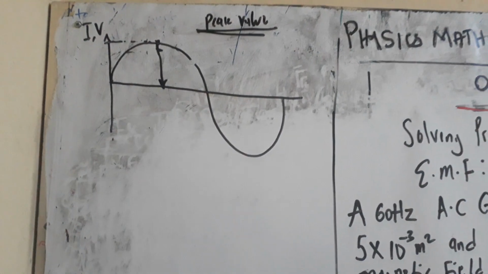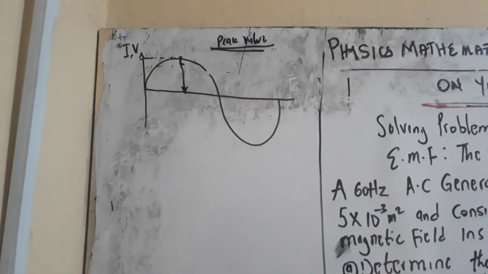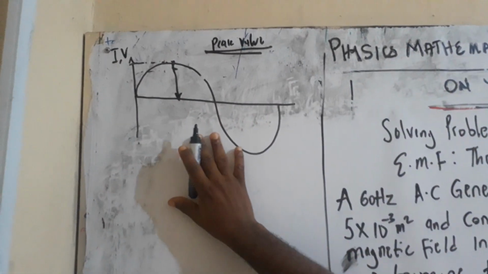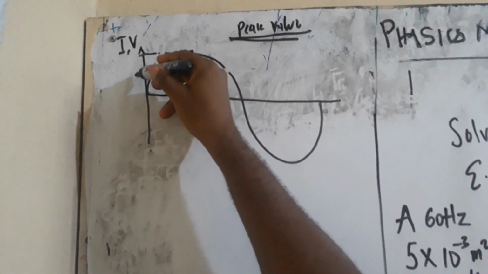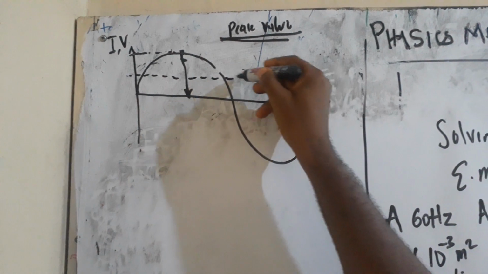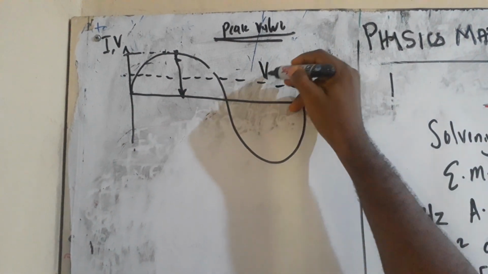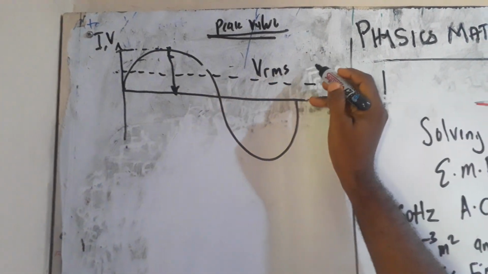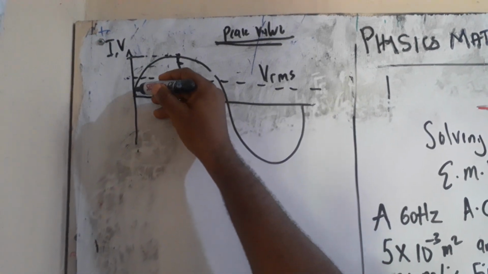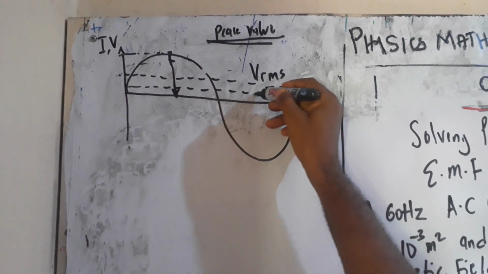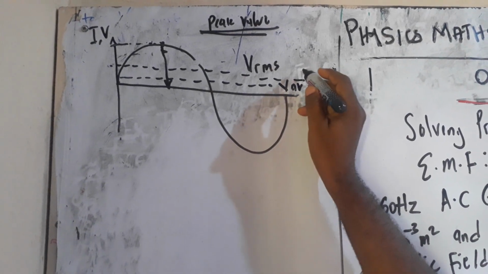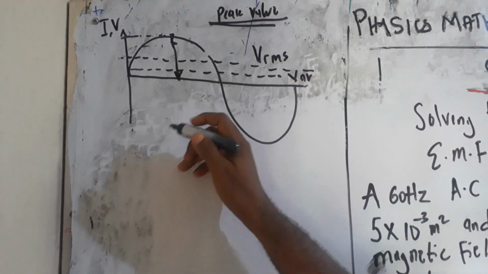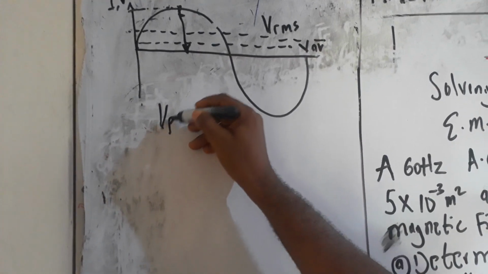Another thing I want us to take note of is that there are 2 averages that we want to take, which is called the root mean square value, and the last one is the average value, V average.